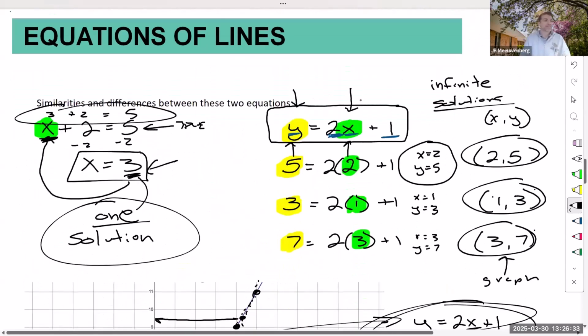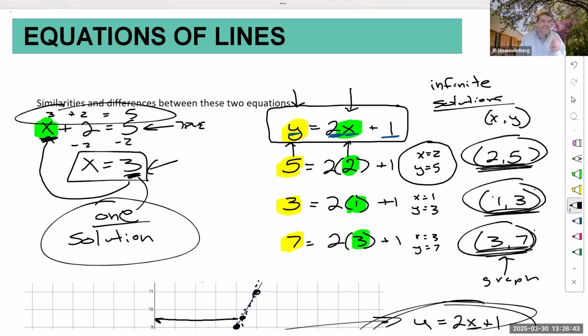remember this process where I gave you this equation y equals 2x plus 1, and we came up with solutions to that equation, and each one of those solutions had an x and a y value. That means we can substitute any solution into our equation for x and y, and it's going to give us a true statement.